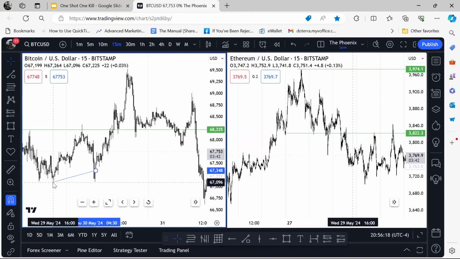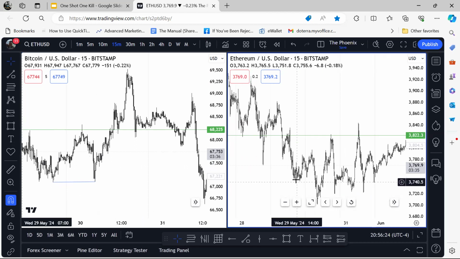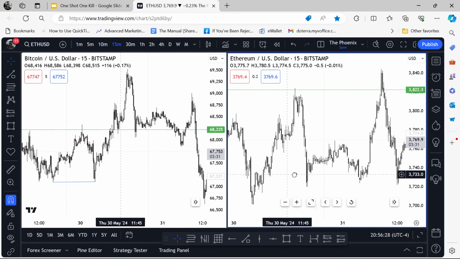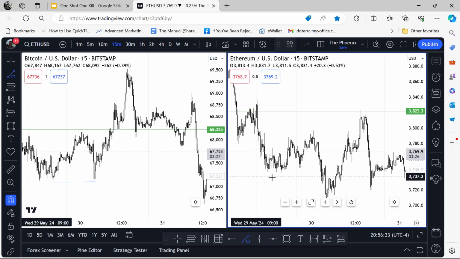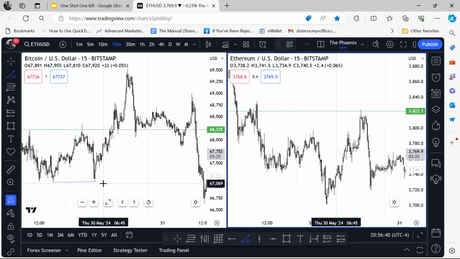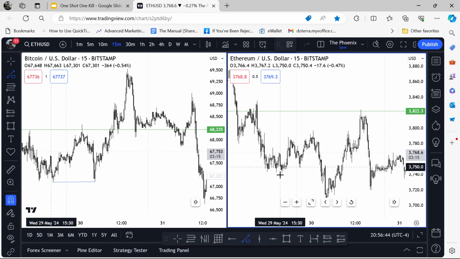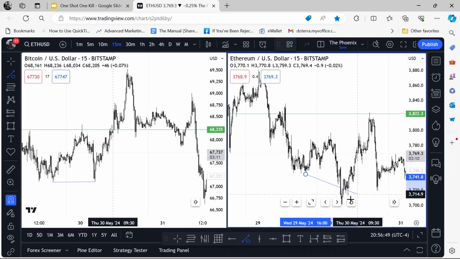So Thursday's price action traded below Wednesday's low on Bitcoin, while on, I hope I'm not boring you, while on, actually it did not break the low. I know I saw a divergence. It didn't break the low, while on Ethereum it broke the low of Wednesday's price action.